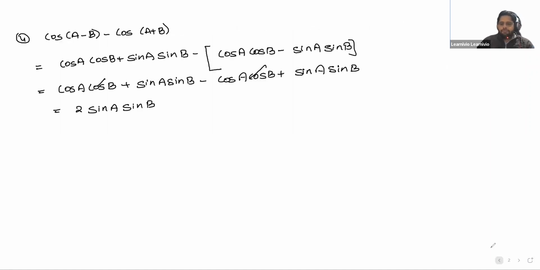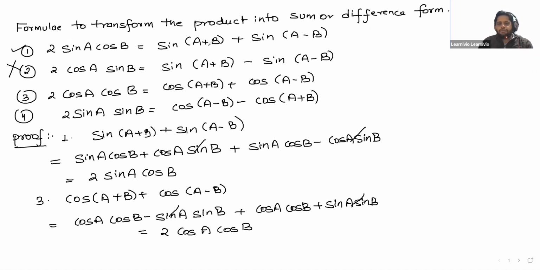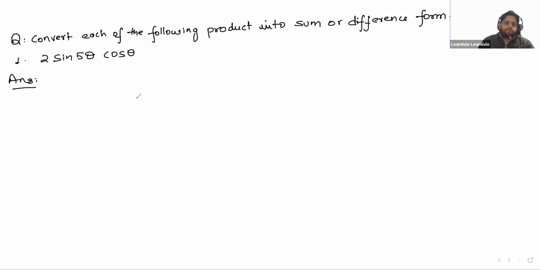Now, 2 sin 5 theta cos theta. If you check our previous formula, 2 sin A cos B equals sin A plus B plus sin A minus B. What is A here? 5 theta.